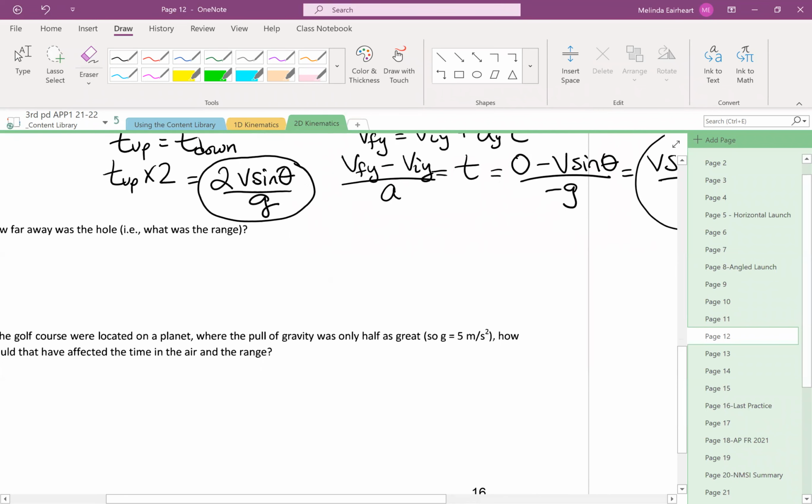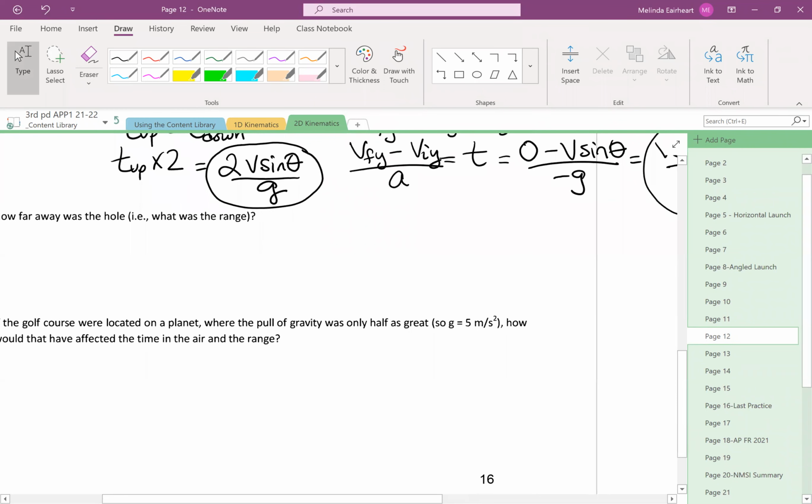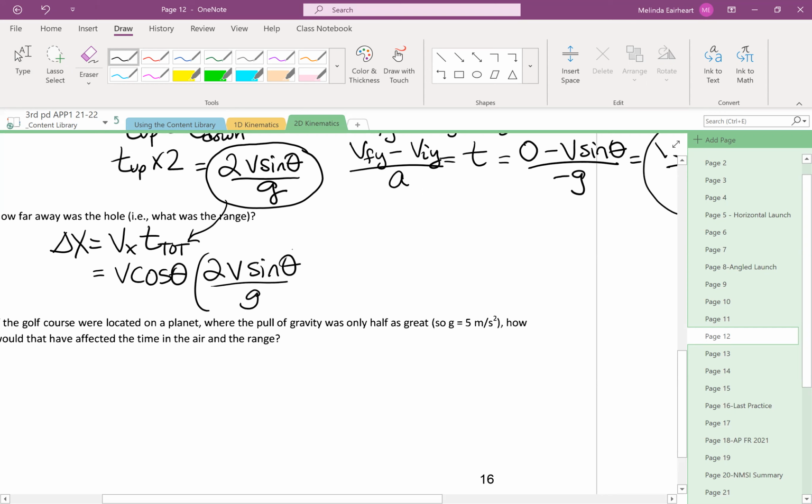Next to last, how far away is the hole, aka the range? So I'm gonna do this one quick. We got horizontal velocity times a total time. We want it to hit the ground for total range, right? So we'll use our answer from above. Horizontal velocity would be v cosine theta times 2v sine theta over g.